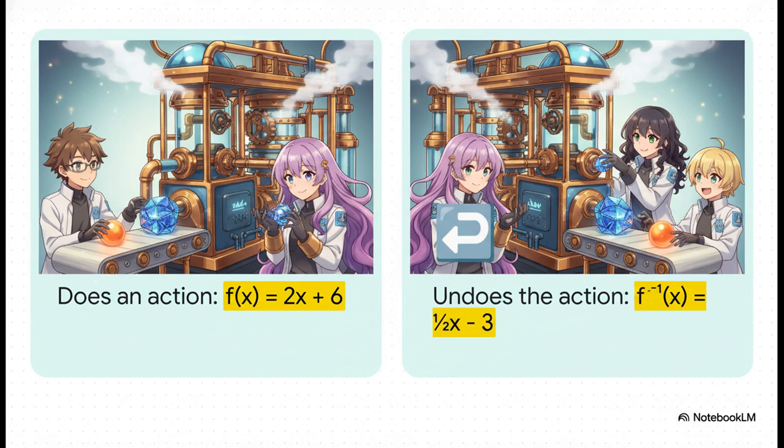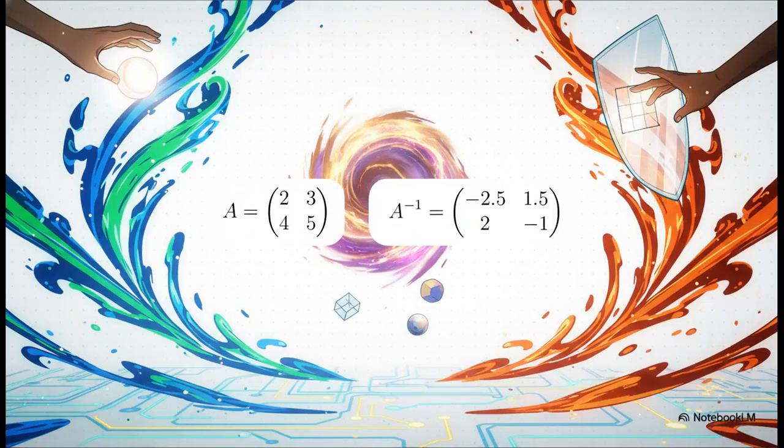If you have a function that does a bunch of stuff to a number, its inverse function, and look, there's that same negative 1 superscript again, it literally undoes all of that stuff in reverse order. It's the undo button for a function. And this concept is so powerful, it just keeps scaling up. When you get into more advanced math, you'll see the same inverse notation on things like matrices. Now, you don't need to know what a matrix is. Just appreciate that even with these super complex objects, that little negative 1 symbol still means the exact same thing. Find the thing that undoes the original.